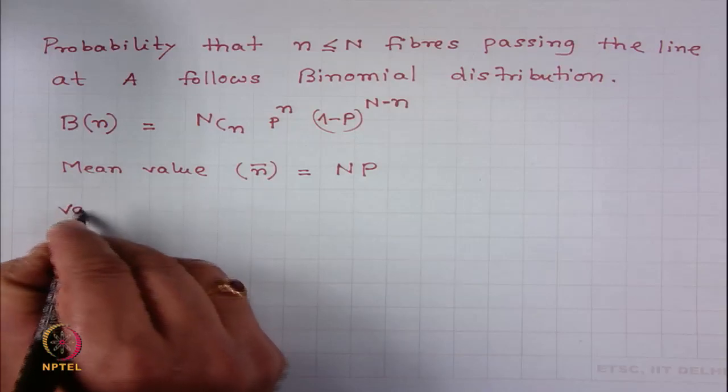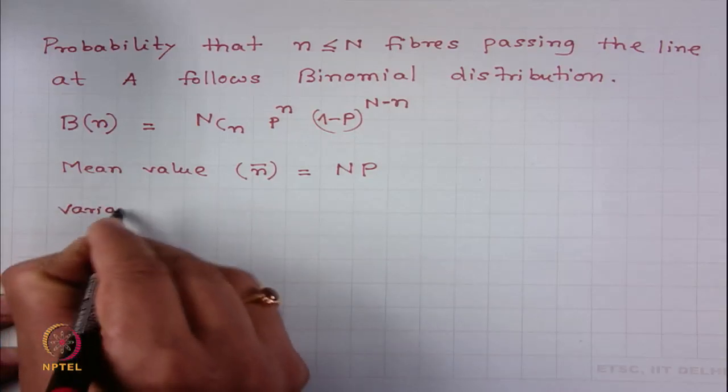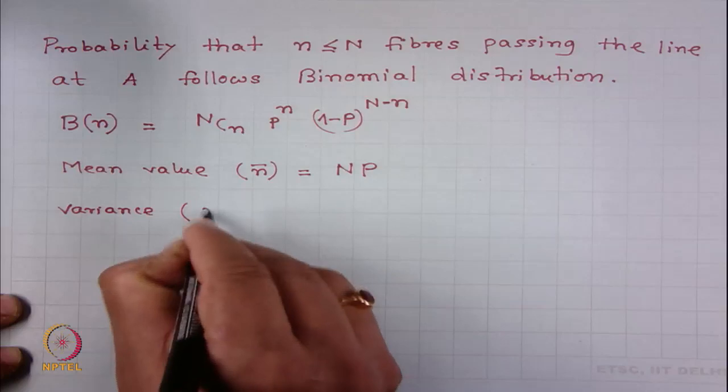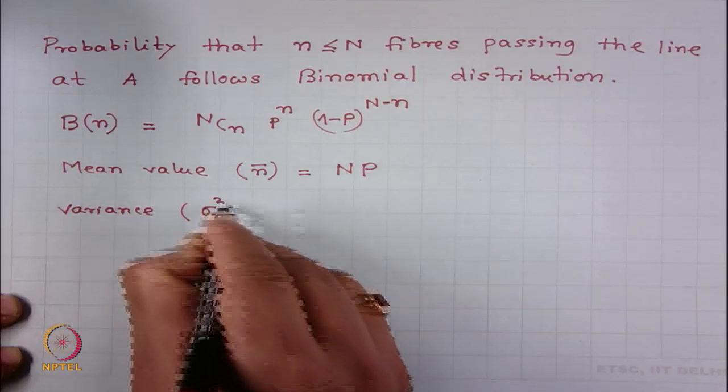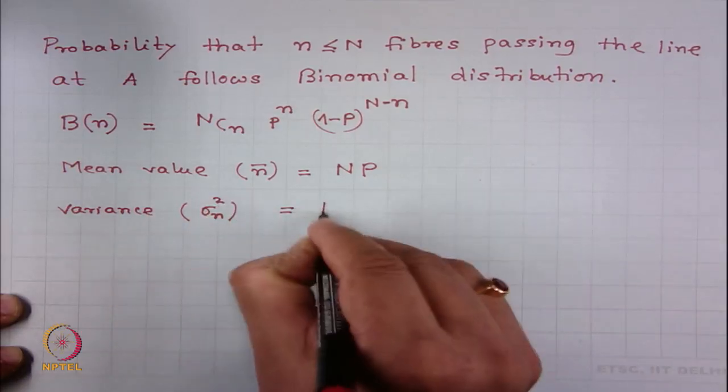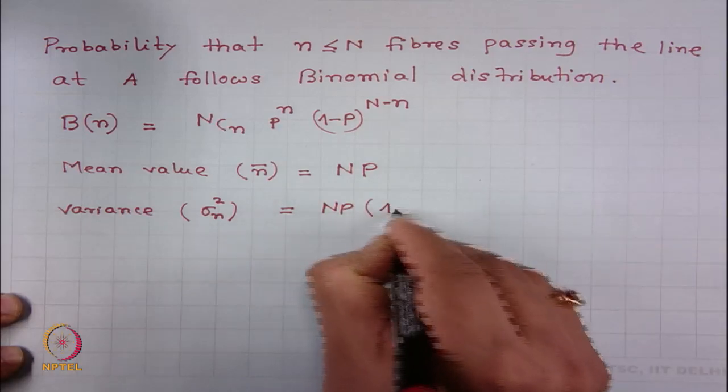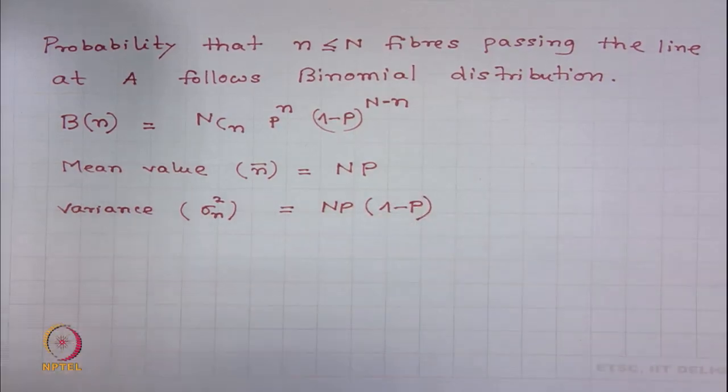Variance is n into P into 1 minus P. So, this is the variance of binomial distribution.